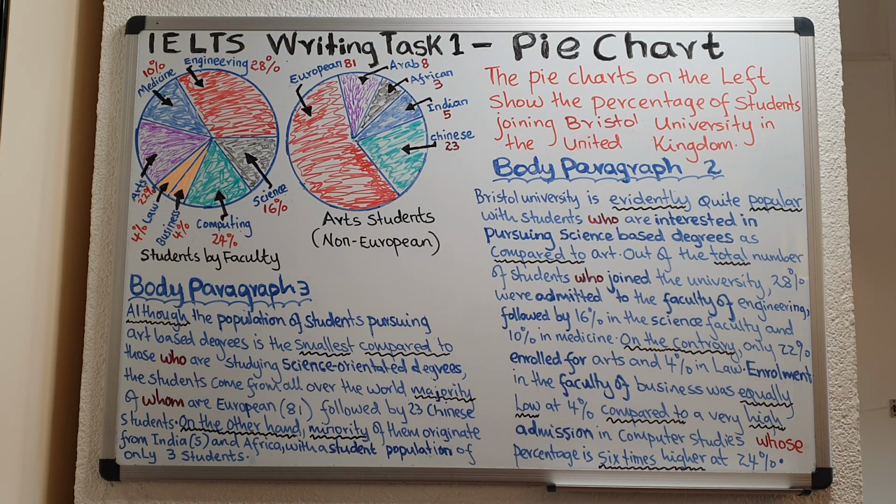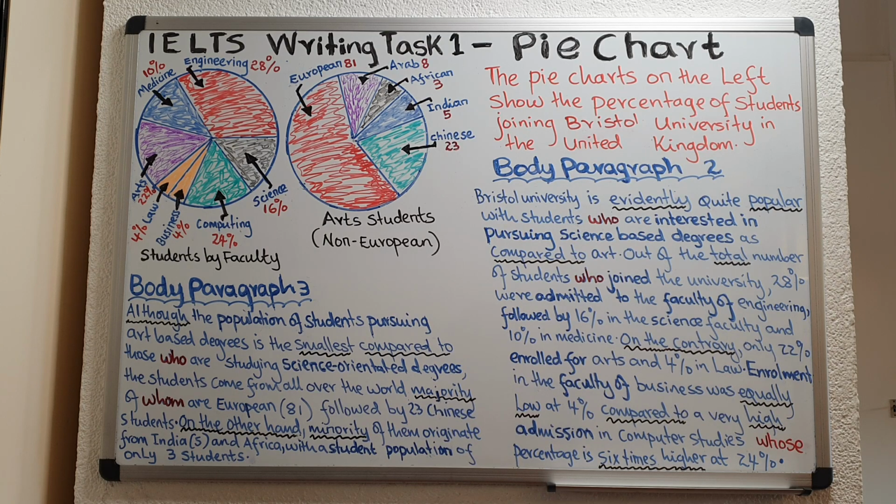Now, out of the total number of students who joined the university, 28% were admitted to the Faculty of Engineering, followed by 16% in the Science Faculty and 10% in Medicine. Now, engineering, science, and medicine are all science-based degrees.